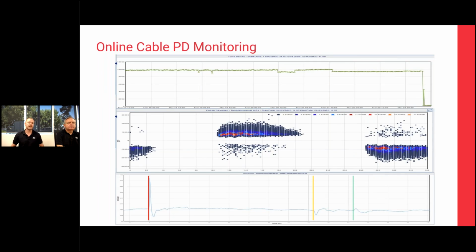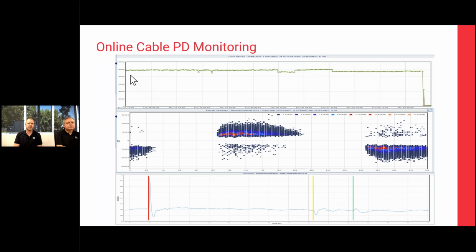The third thing that we did was put on a 24/7 monitor, similar to the one that Neil was showing earlier, where we put HFCTs into our monitor and monitored 24/7 to see what the PD activity was doing and how it was behaving. So we could track it over time while a decision was being made about what to do.